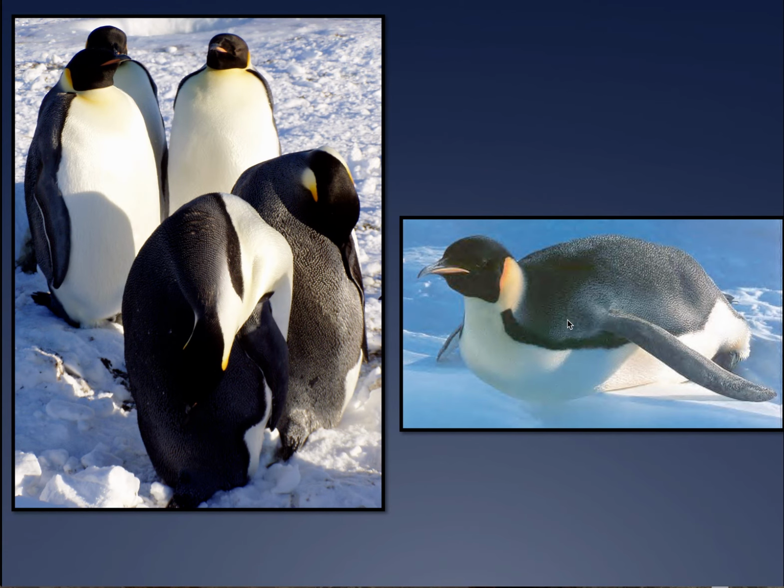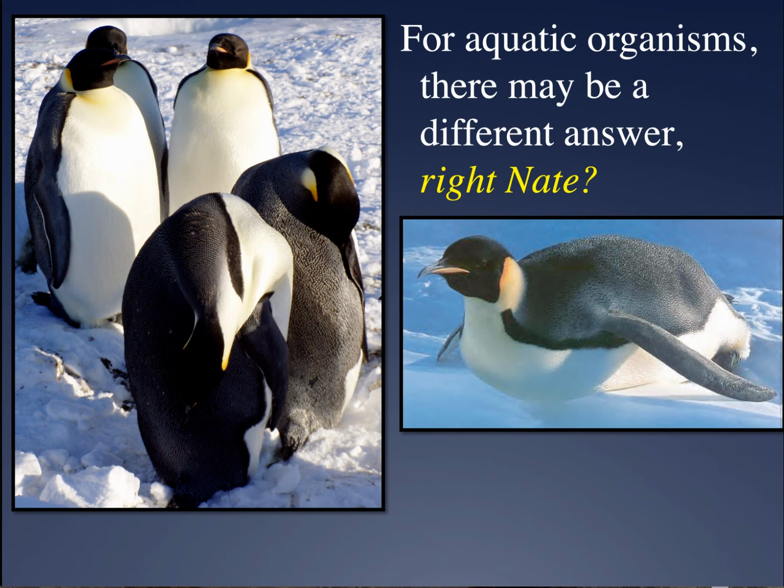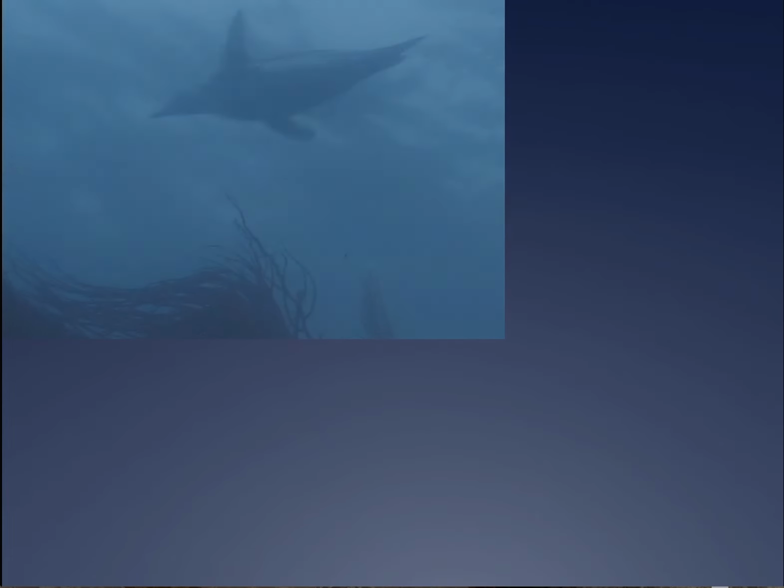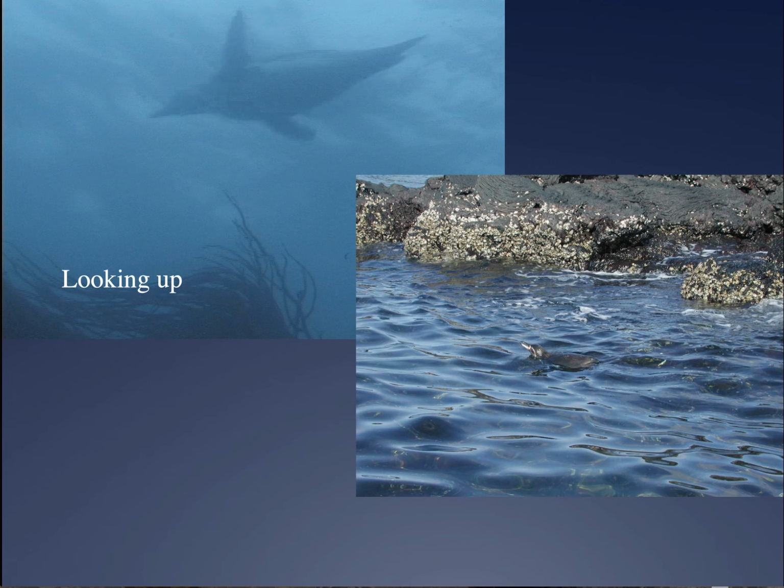And so for these guys, it may have to do more with, again, when they're at the surface. Here we are looking up at the belly of a penguin, kind of blending in with the sky. And here we are looking down, and clearly that dark back of the penguin is blending in more with the water.